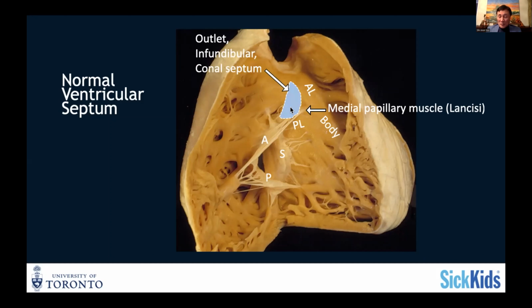And then toward the parietal side, this is the ventricular infundibular fold. So the inner curvature, parietal side, between the pulmonary valve above and tricuspid valve below, is the ventricular infundibular fold.